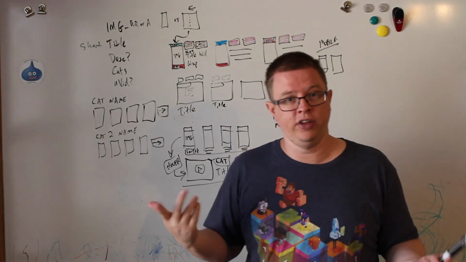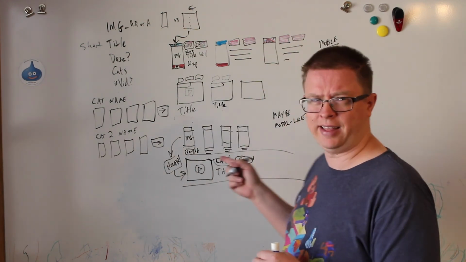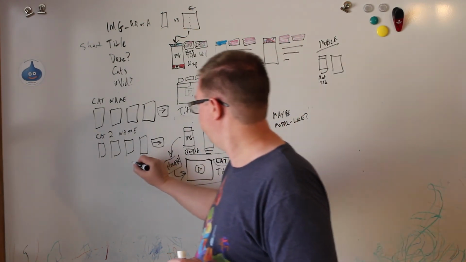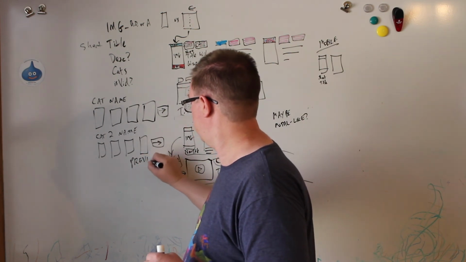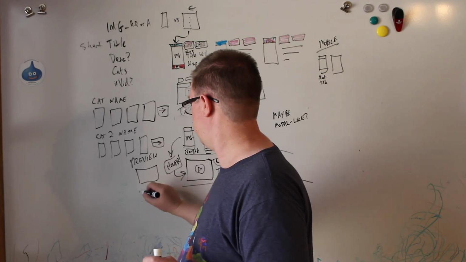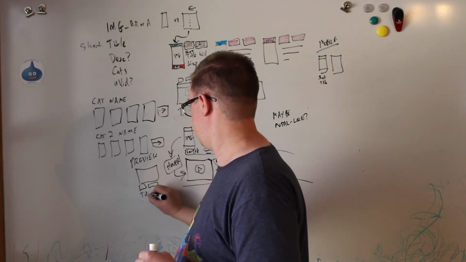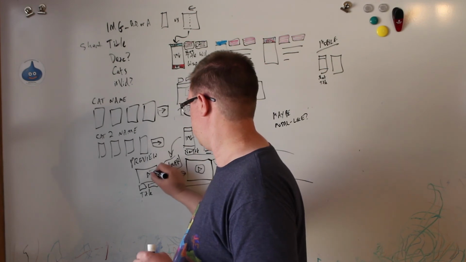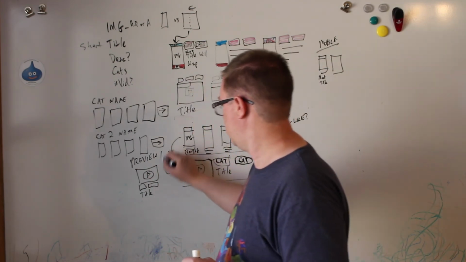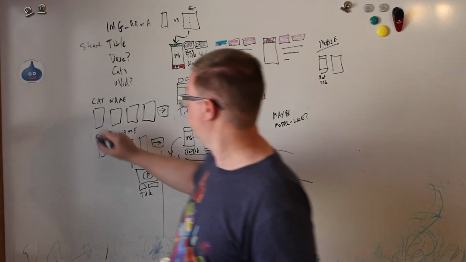Or maybe I'll just have a preview area where that'll show up. Oh, I like that, actually. All right, so I have the preview area to the left of these.